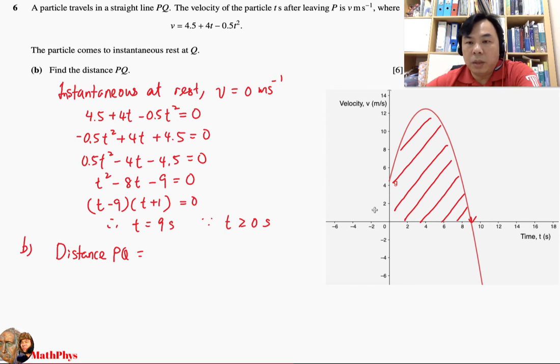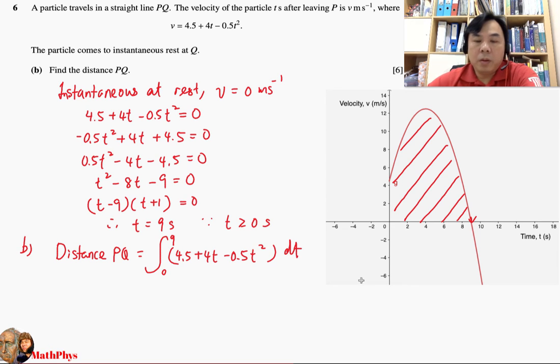Area is given by the integration from 0 until 9 seconds. The function that we are integrating is this. That will yield the area under the graph, which represents the distance itself.